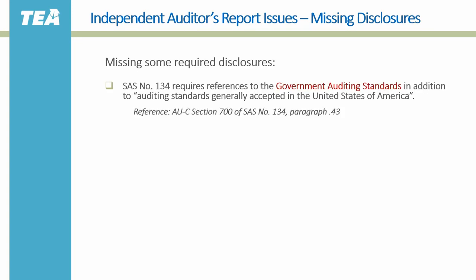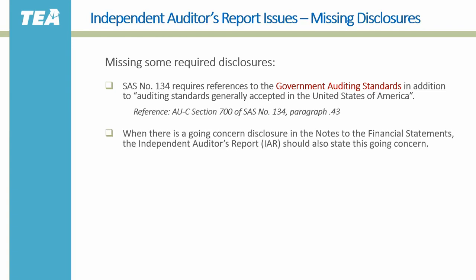SAS number 134 requires references to the government auditing standards, in addition to auditing standards generally accepted in the United States of America. When there is a going concern disclosure in the notes to the financial statements, the independent auditor's report should also state this going concern.